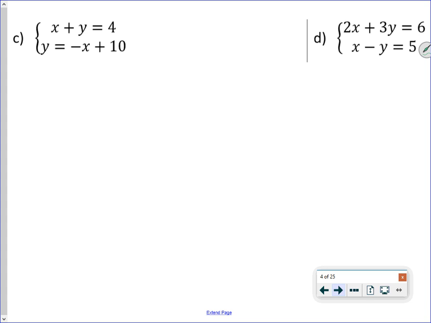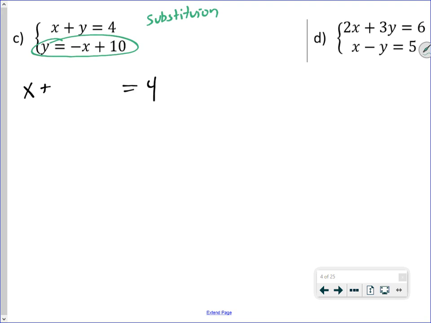For C, I'm going to use substitution to solve it. What I'll do is take this equation, but instead of writing y, I'll write what y equals. Now when we combine like terms, they cancel, and so we'll get 10 equals 4.